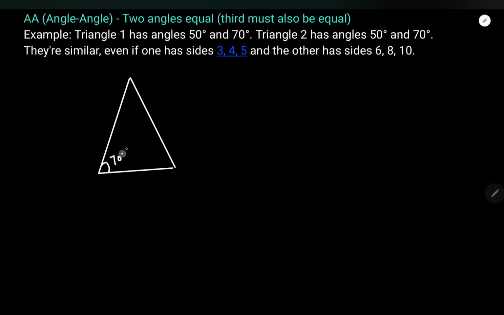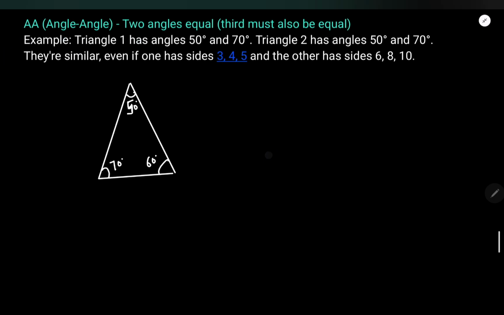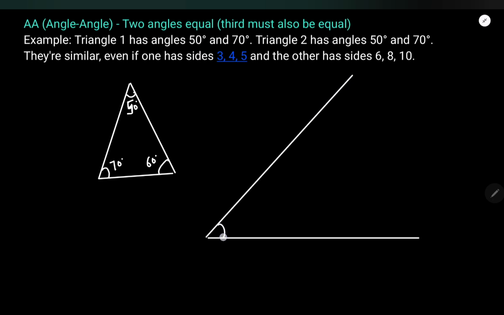Suppose I say 70 and 50. 70 plus 50 is 120, so this will be equal to 60, obviously. Now I take a bigger triangle. Here as well I take 70, this angle I take 50, then this will be 60.